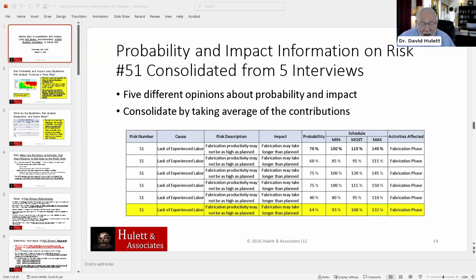We copy the whole spreadsheet from interviewee number 1's tab, create a new tab, paste that into the new tab, and delete all the data that came from interviewee number 1. So they're blank data, but all the new risks are there.